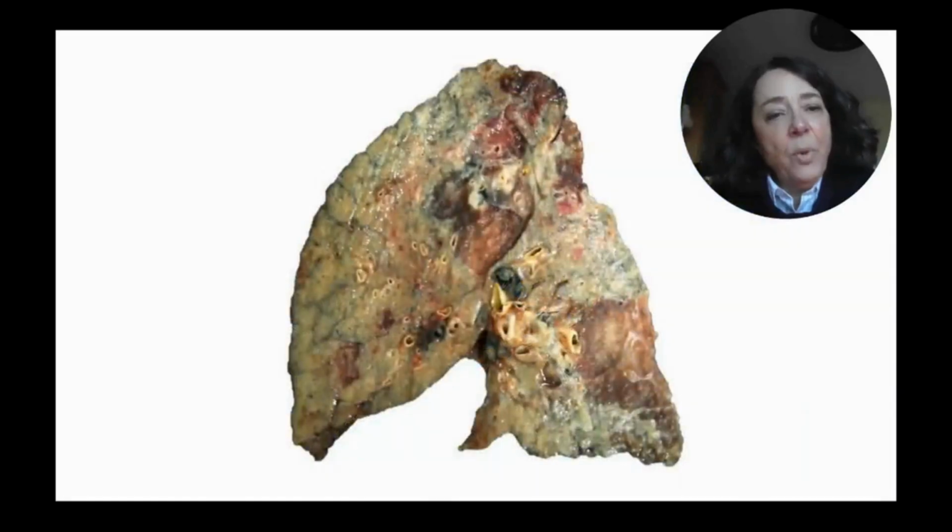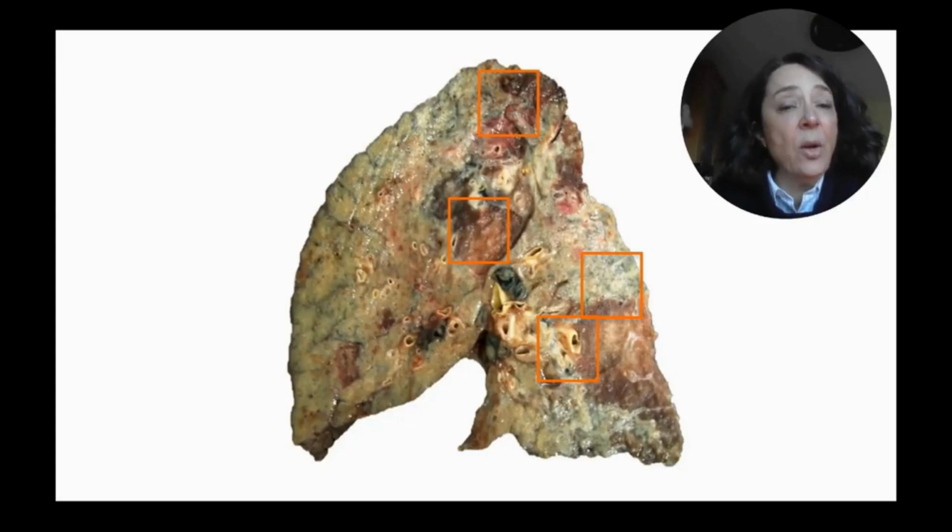So it is important to know where you are taking the biopsies, and the most useful is when you take the biopsies from areas of the interface, areas of fibrosis, but also normal lung. The almost normal lung is what is going to give you the information.